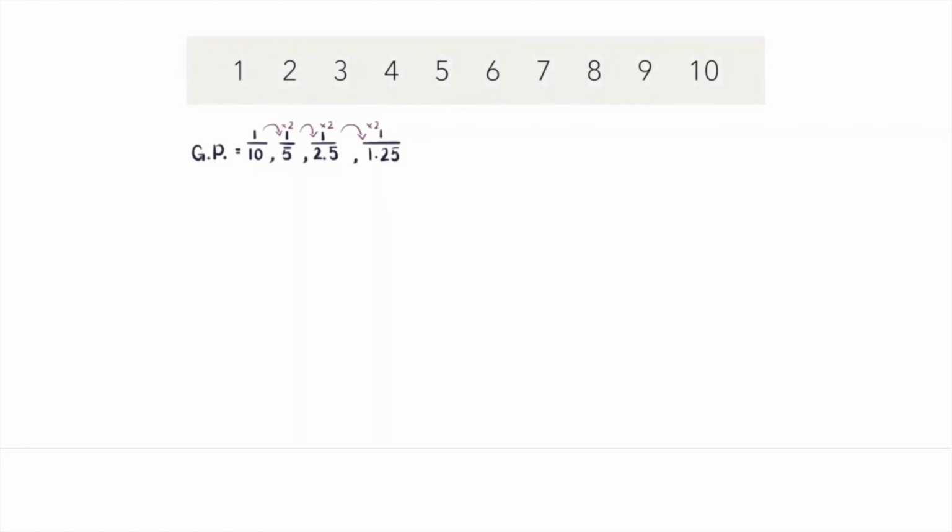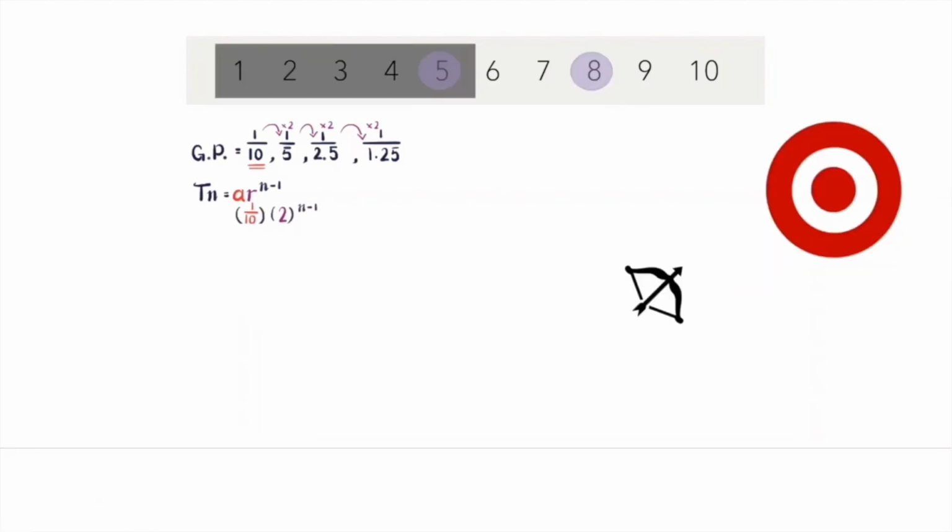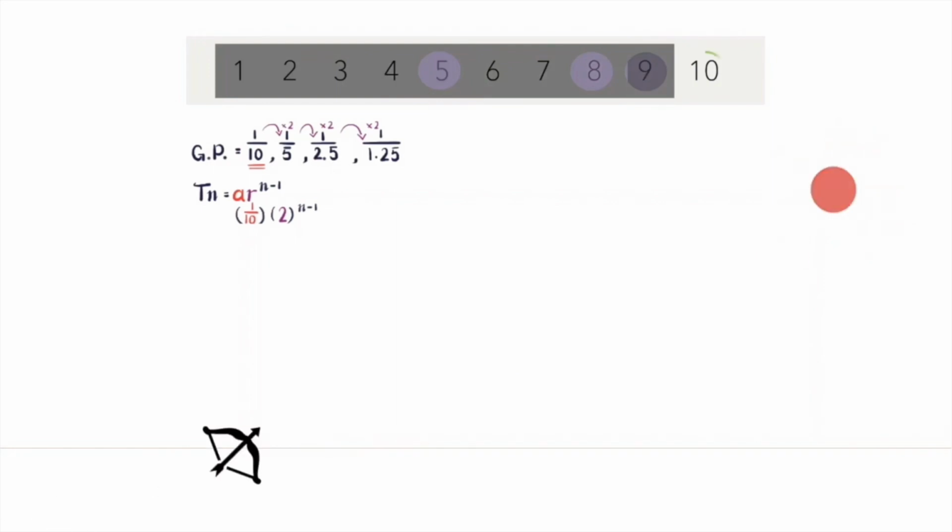This is the formula of a geometric sequence. In our case of guessing between 10 numbers, the first term is 1 over 10, and the common ratio is 2, so we can substitute those numbers into the formula. Let's say we're a little unlucky, and we can only get the answer after the maximum number of guesses.